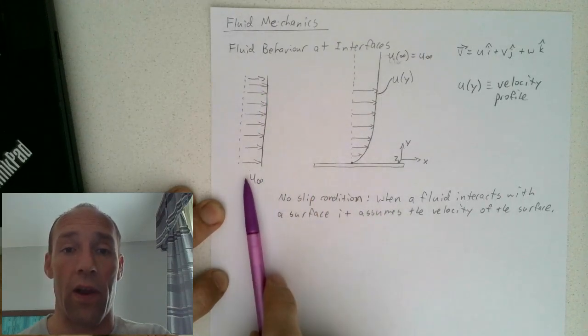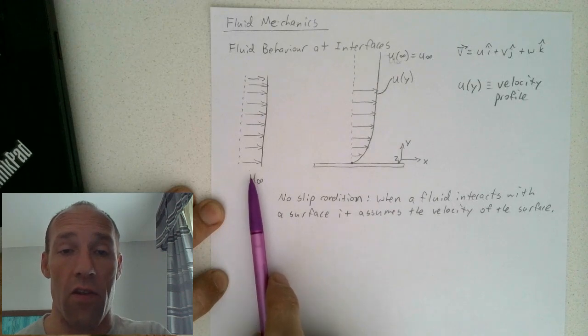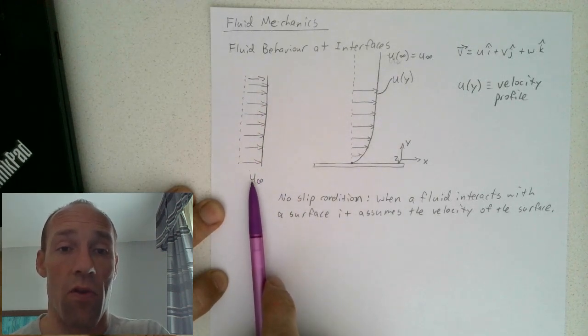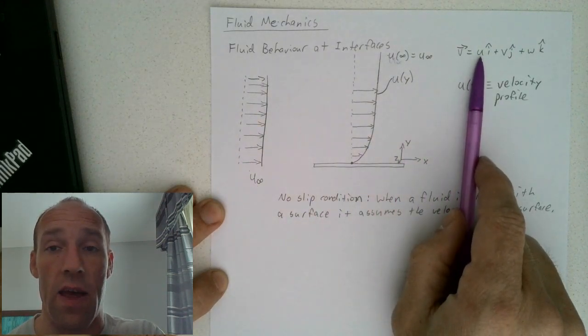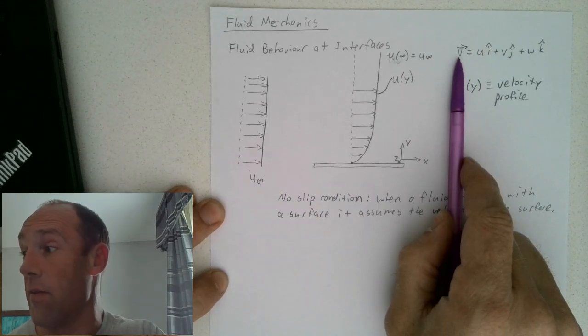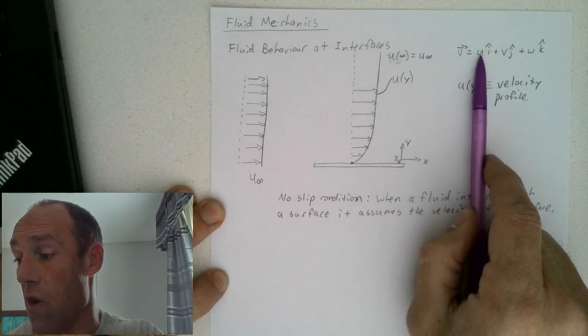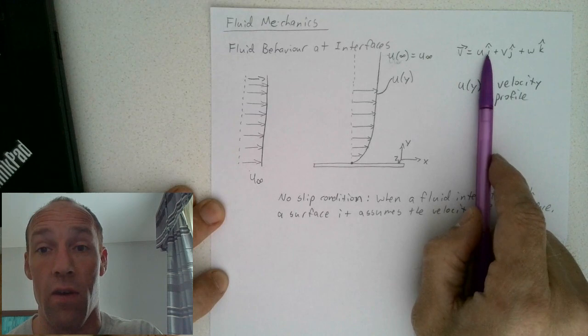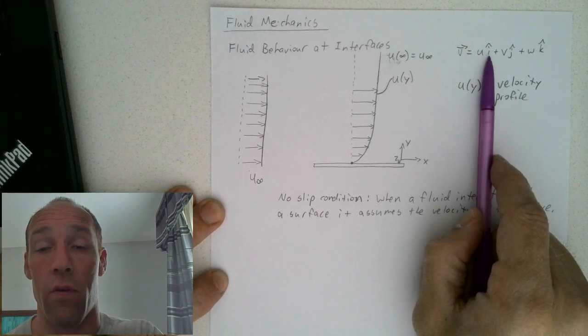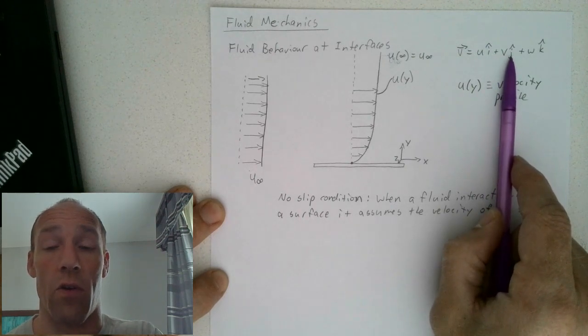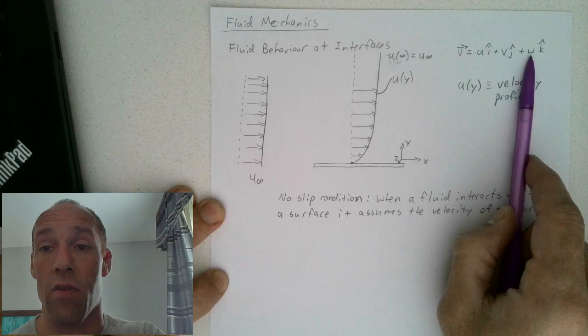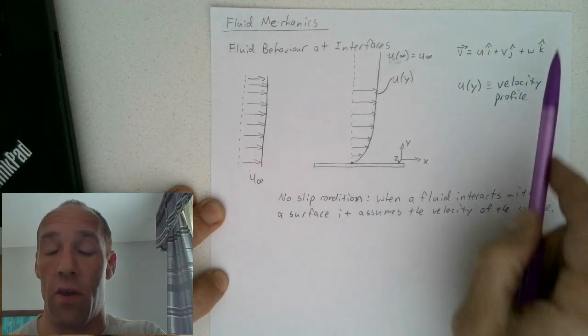So if a fluid is moving at a uniform velocity, everywhere in space has the same value. I use the component u because u is the x component of velocity. The velocity vector is described as u times the unit vector in the x direction, plus v times the unit vector in the y direction, plus w in the z direction.